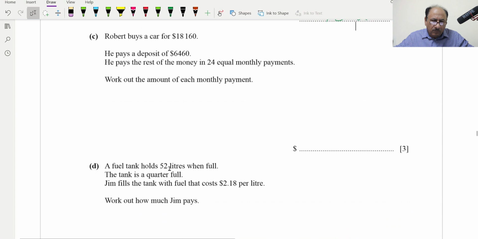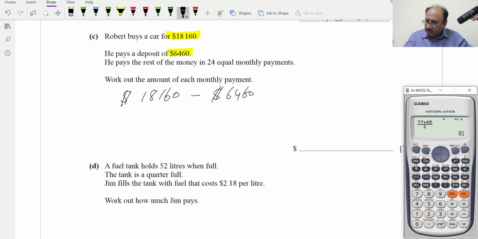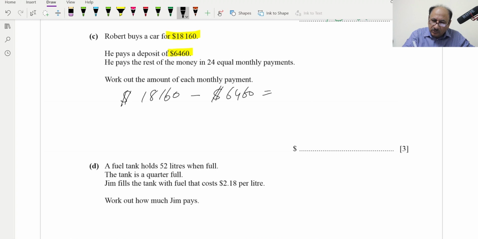So Robert buys a car for this much and he pays a deposit of this one. So $18160 was the amount, and after paying the deposit of 6460, the remaining amount will be how much? 18160 minus 6460 is equal to 11700.